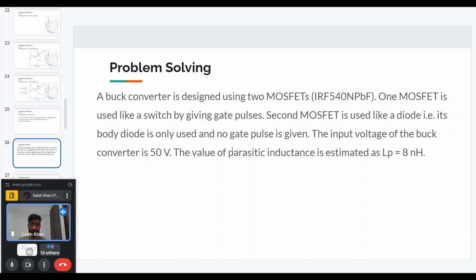So only the body diode of the second MOSFET is used and no gate pulse is given. And the input voltage to the buck converter is 50 volt and the parasitic inductance is estimated as 8 nanohenry. So again, this is an estimation. It will be difficult to calculate or measure this value.